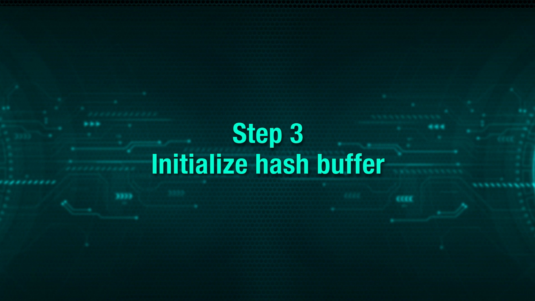Step 3. Initialize hash buffer. A 512-bit buffer is used to hold intermediate and final results of the hash function. The buffer can be represented as eight 64-bit registers A, B, C, D, E, F, G, H. These registers are initialized to 64-bit integers in hexadecimal values.